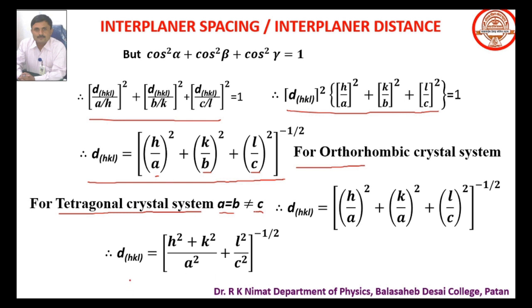So rearranging the terms, you will get d_hkl is equal to [(H square plus K square) divided by A square plus L square divided by C square] raised to minus 1 by 2. So this will be the expression for interplanar spacing for tetragonal crystal system.